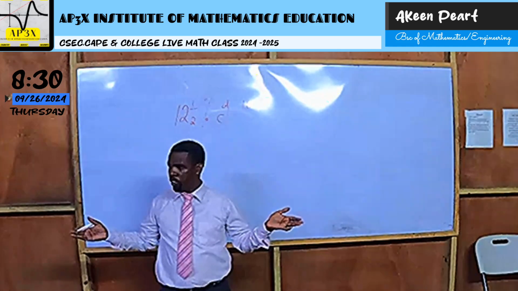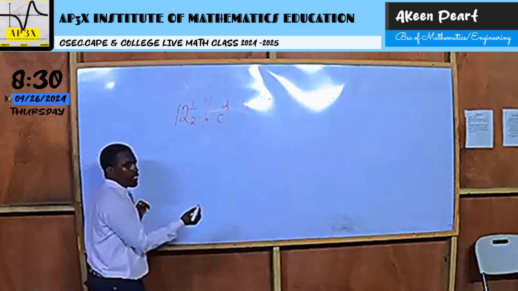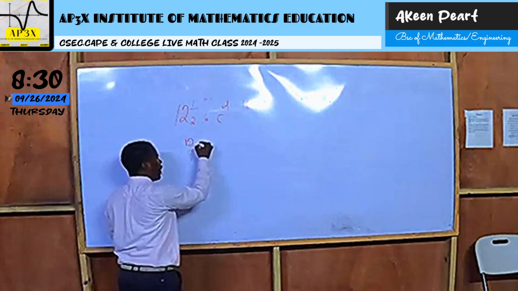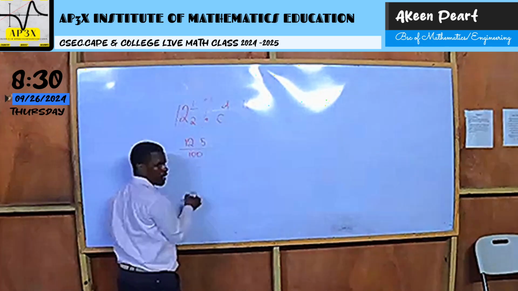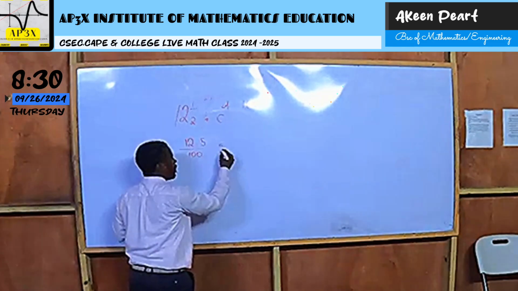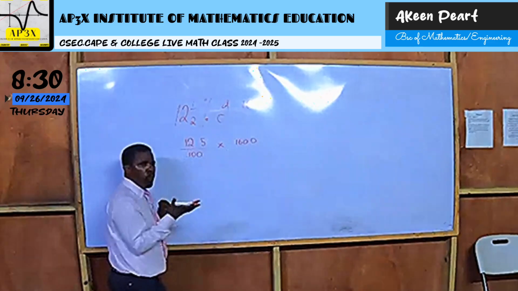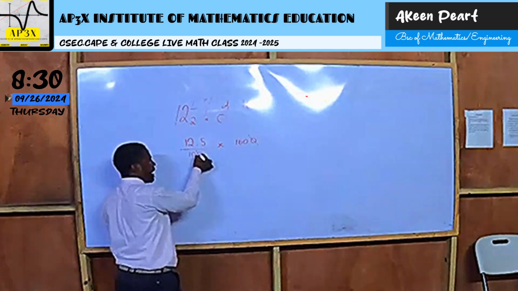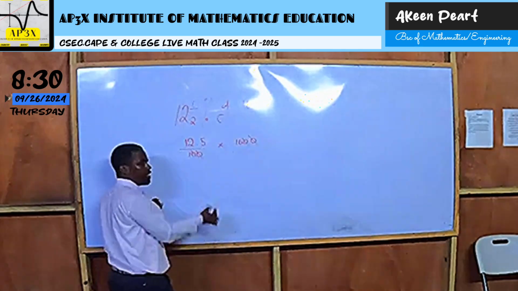Can I assume that everybody knows that a half is 0.5? So you're going to find a lot of persons saying, okay, 12.5 over 100 multiplied by 1,600. Cancel the 0 here, cancel the 0 here, cancel the 0 here, cancel the 0 here.